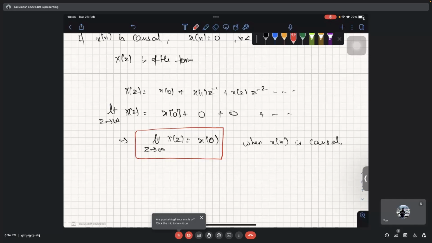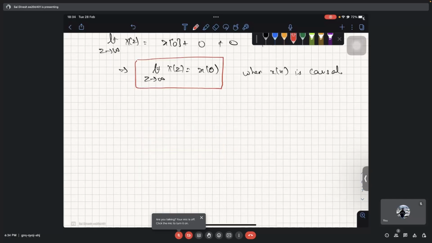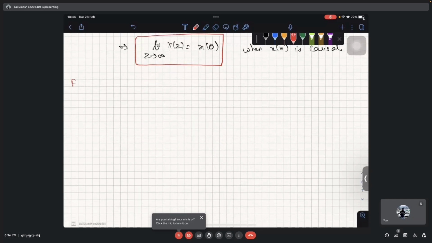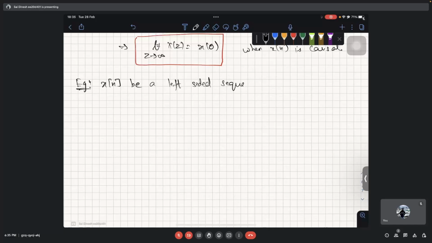So let's do one more example. Okay, so x of n is a left-sided sequence, that is, 0 for n greater than 0.